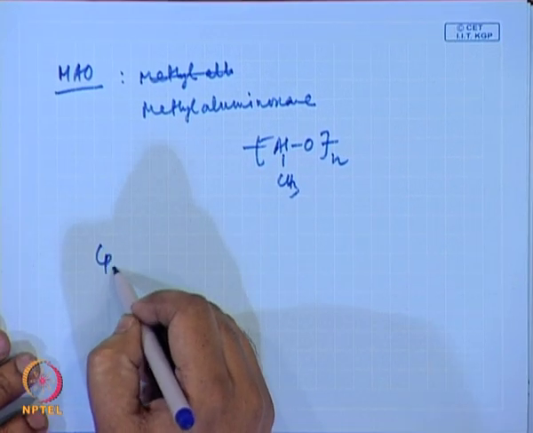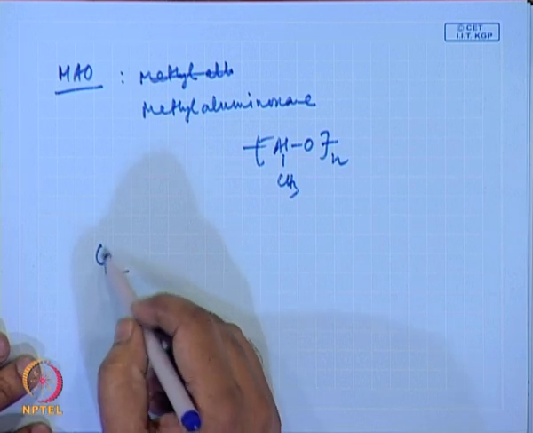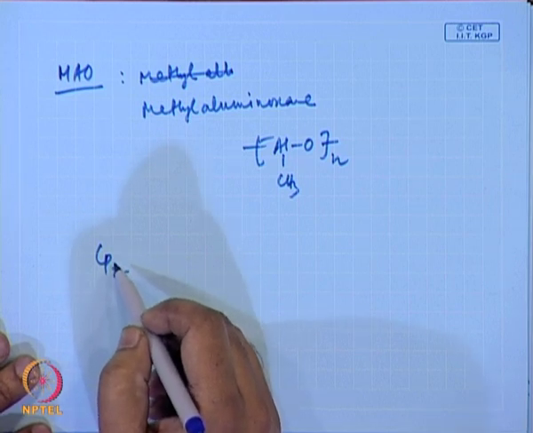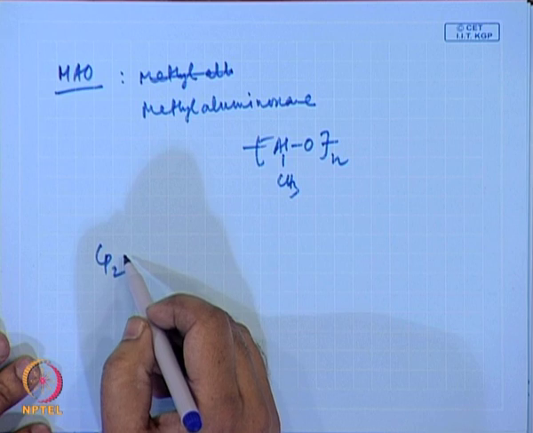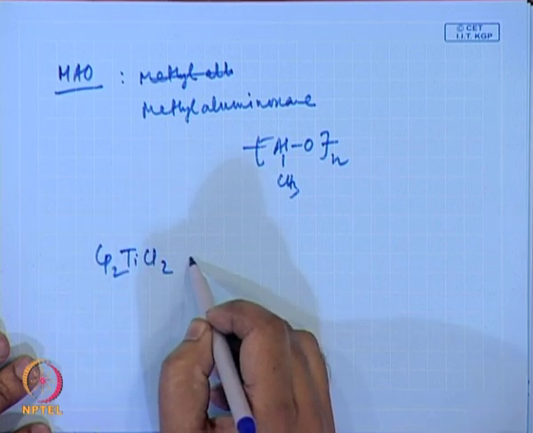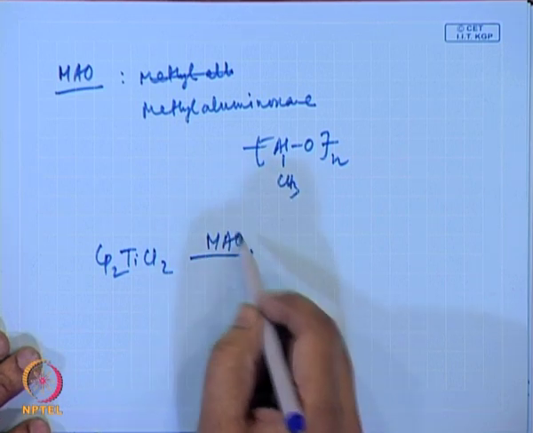Now, for example, let us take a metallocene polymerization. This is a Cp, cyclopentadienyl, Cp2, say titanium chloride, in the presence of MAO. MAO actually does two things.